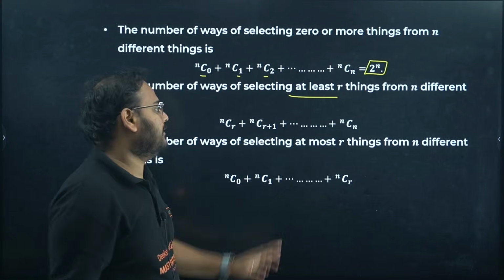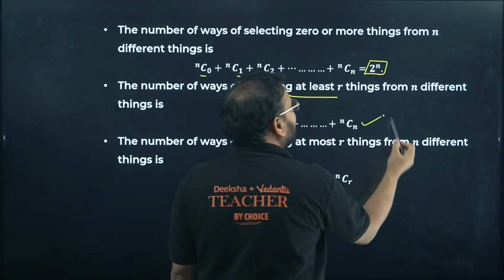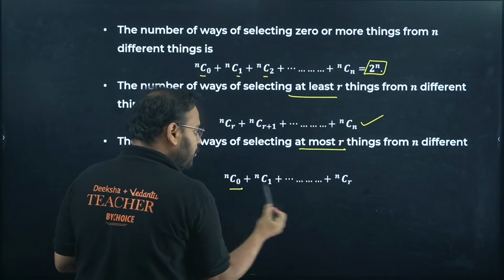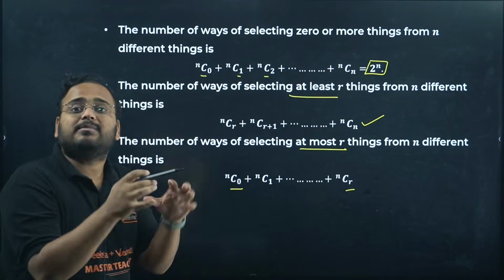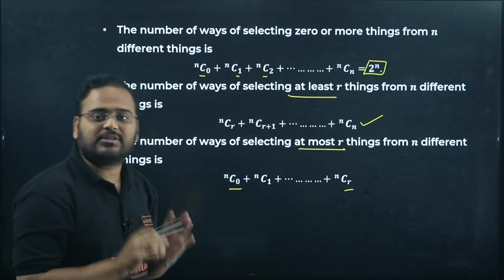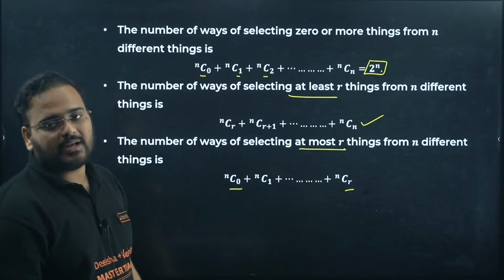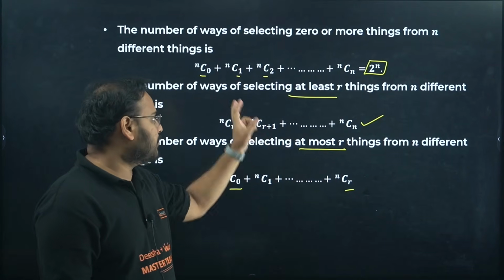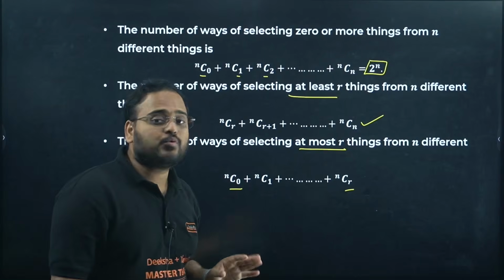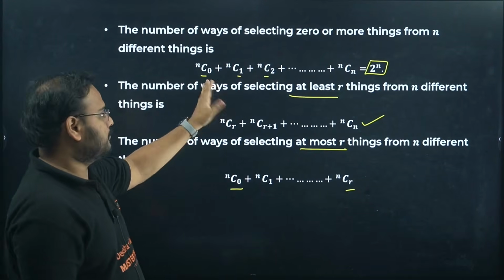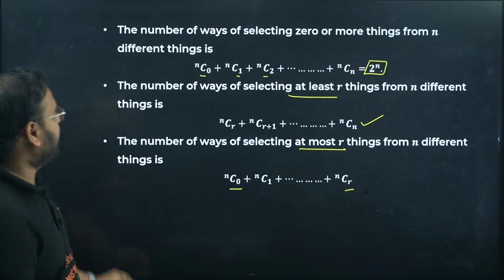This is choosing at least R. And at most R means I'll start from 0 and go all the way till R only. At most means a maximum of R. So 0, 1, 2, 3, all the way till R. So choosing that is called the number of ways of choosing at most R, and the number of ways of choosing at least R, and the number of ways of choosing a minimum of 0 elements to n elements.